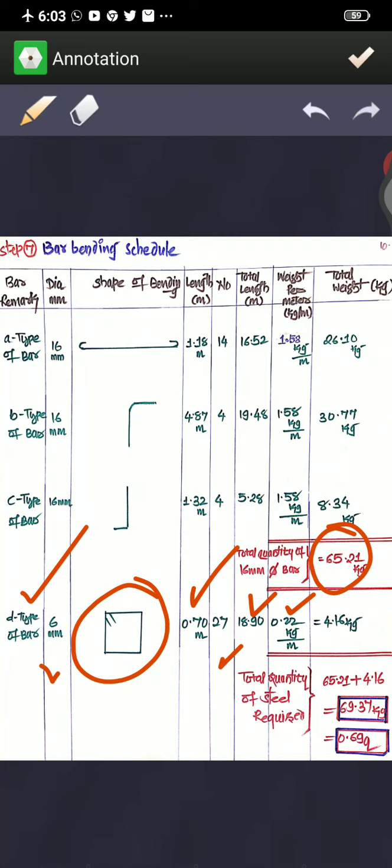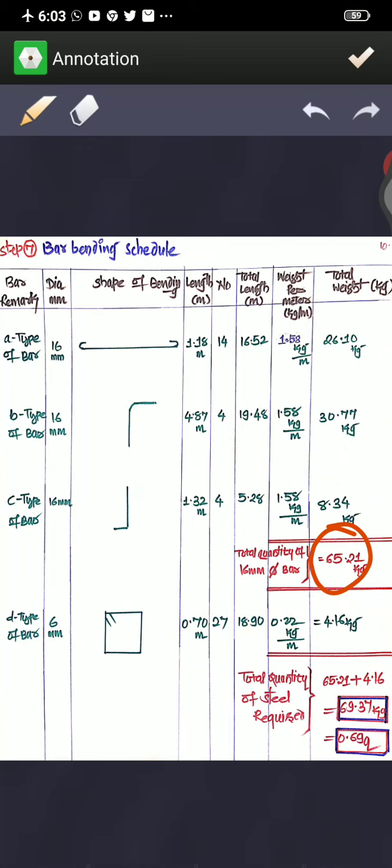Now if you add these two, that is 65.21 plus 4.16 kg, you are going to get 69.37 kgs, or in quintals it is going to be 0.69 quintals, and in tons it is 0.06 tons.